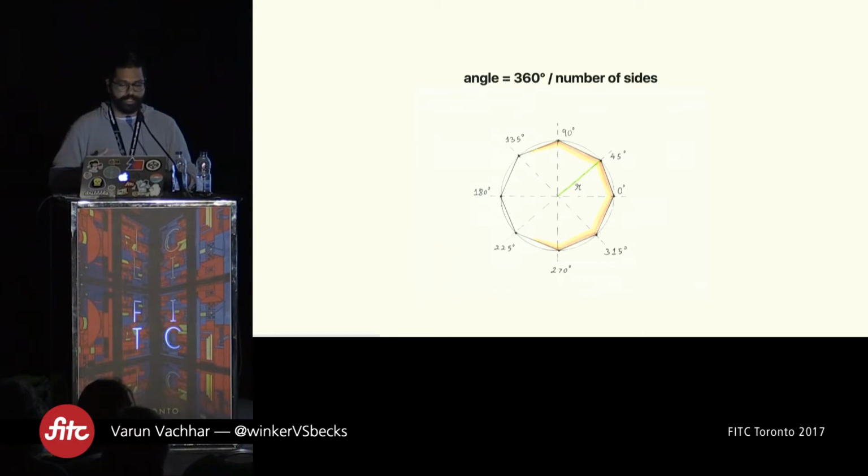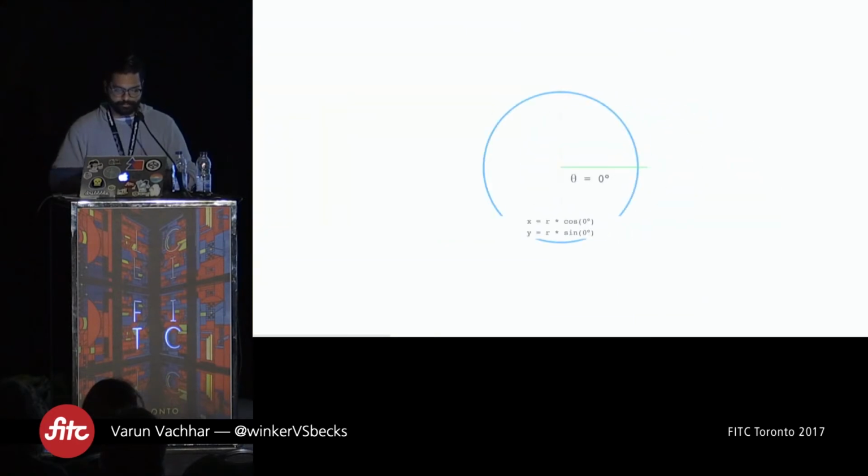Following that, we can locate the theta value for every single vertex, where the first one is at 0 degrees, the second one at 45 degrees, the third one at 90 degrees, and so on. That's pretty awesome, because if we were using polar coordinates, we have the theta value already, and all we need is r to actually render out this shape.